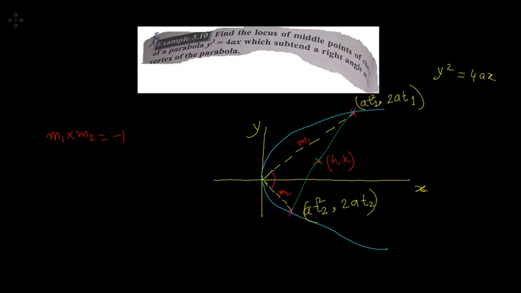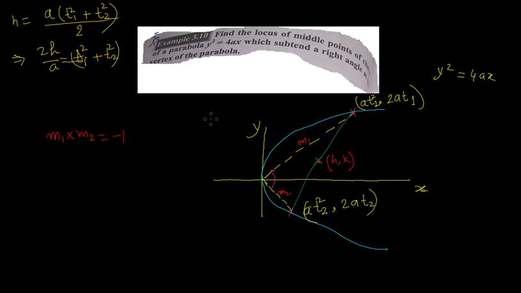The value of h will be a t1 square plus t2 square, a being common, divided by 2, or I can say 2h by a will be equal to t1 square plus t2 square.